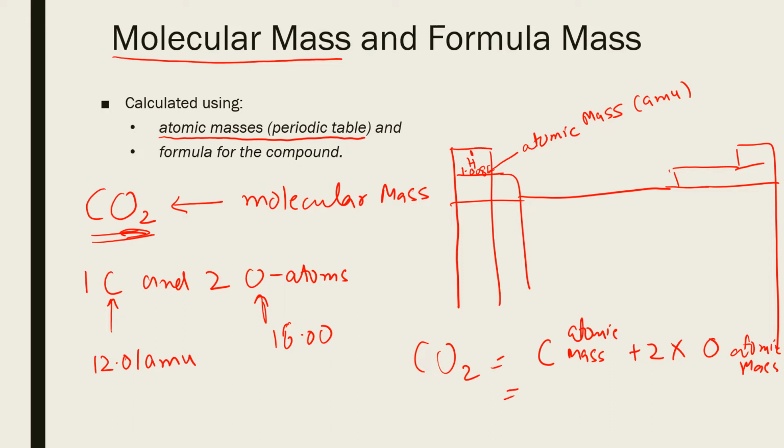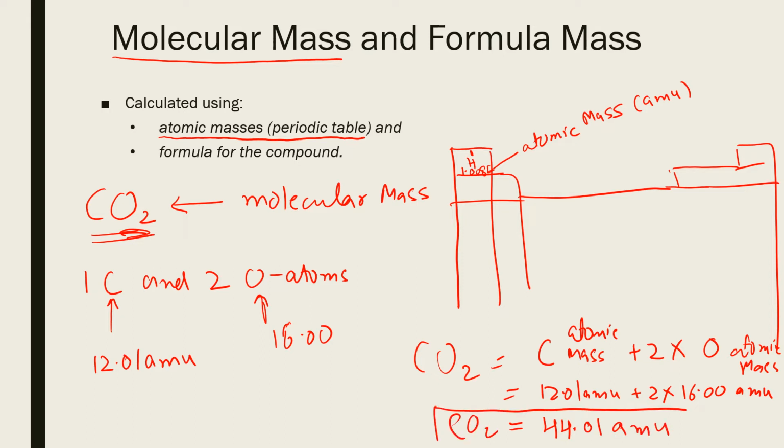So it will be 12.01 AMU plus 2 times 16.00 AMU. If we add all these masses up, it comes out to be 44.01 AMU. This is the molecular mass of carbon dioxide.